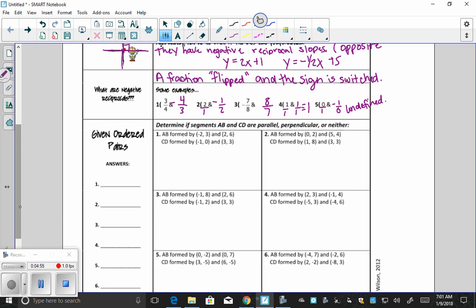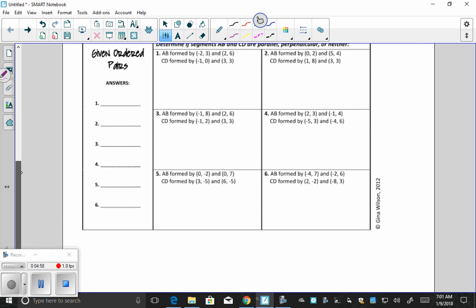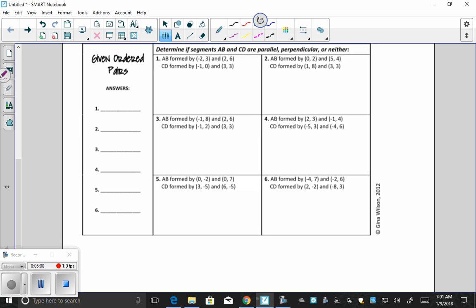So let's look at how we determine if it's parallel, perpendicular, or neither, given two ordered pairs. Well, for this, all I'm looking for is slope. I don't care about any other number. All I want is the slope. So to find the slope of the AB line, remember the formula is y2 minus y1 over x2 minus x1.